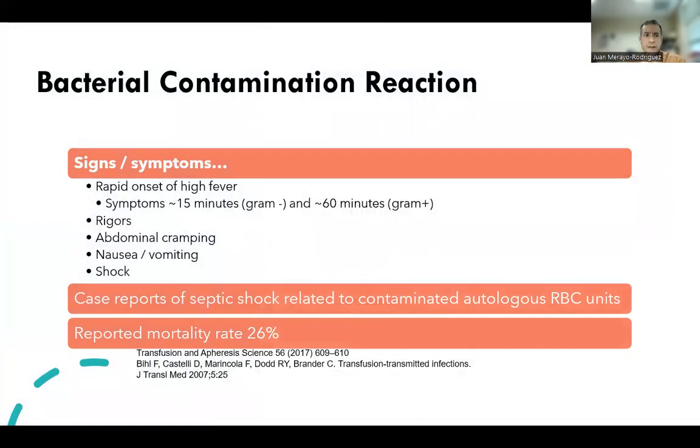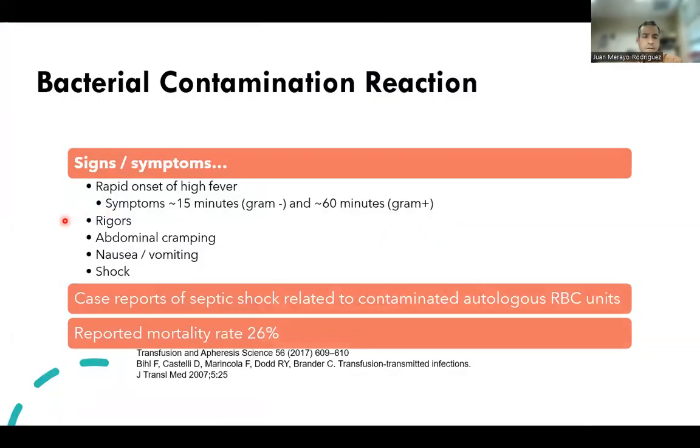The bacterial contamination reaction signs and symptoms include rapid onset of high fever. If it's a very fast reaction, most likely it's a gram-negative that already had the endotoxin release in the product. If it's over an hour, it's usually gram-positive.